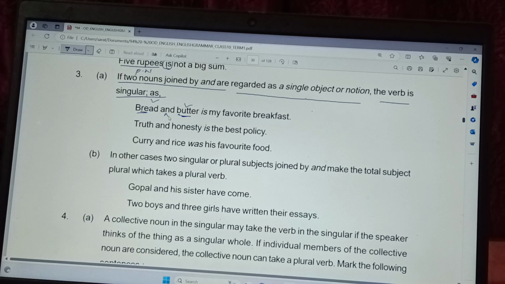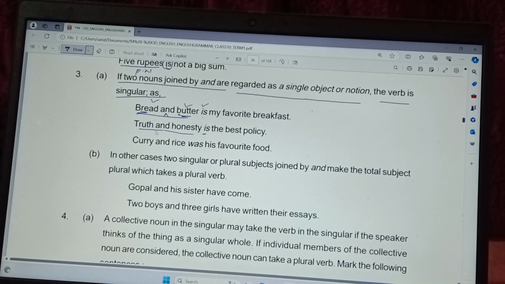The two nouns are not considered different. The two nouns are considered a single object or single notion. So we put a singular verb. Like this, bread and butter and truth and honesty. Truth and honesty is the best policy.